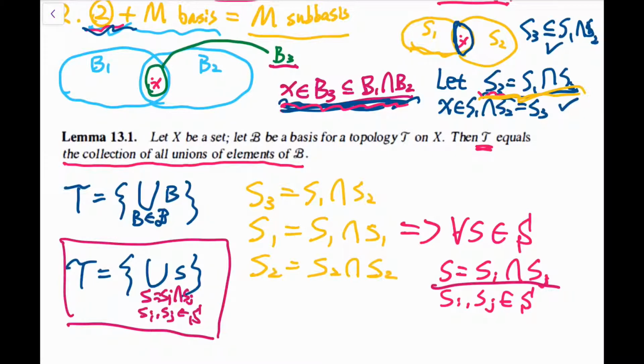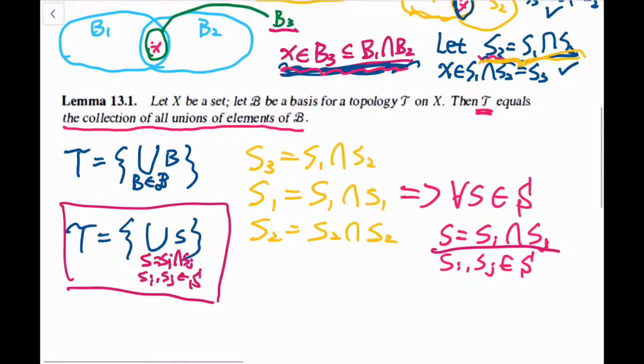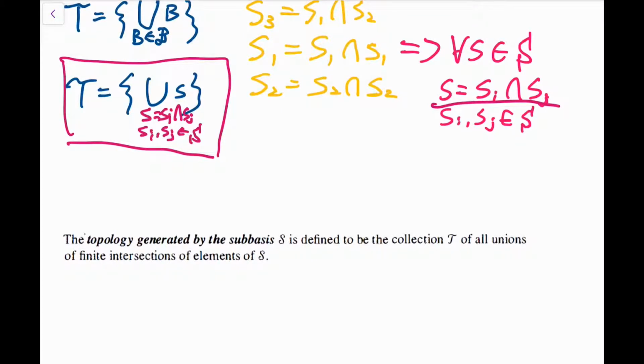If we write this in a formal way, the topology generated by the subbasis S is defined to be the collection T of all unions of finite intersections of elements of S. All unions means all possible unions. Here we have unions of finite intersections, because we only consider the intersection of two subbasis elements.